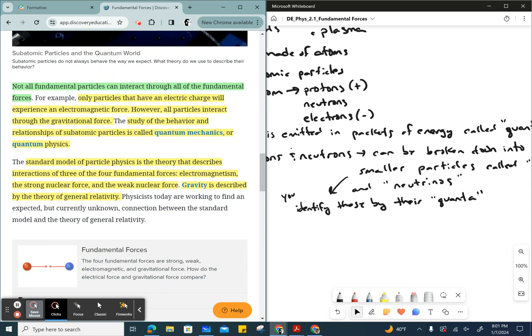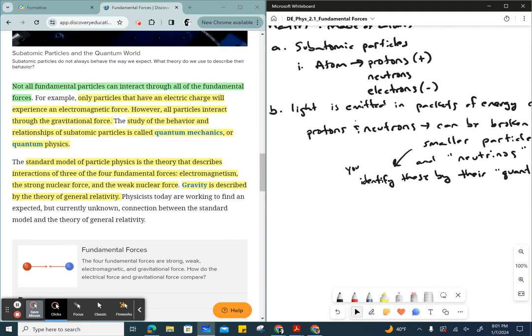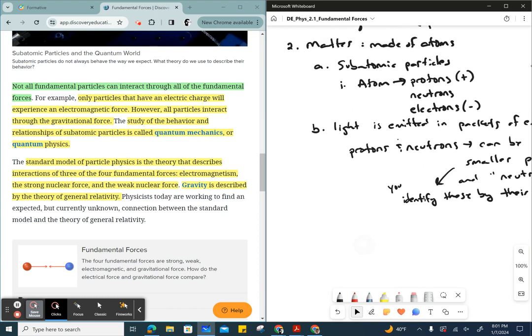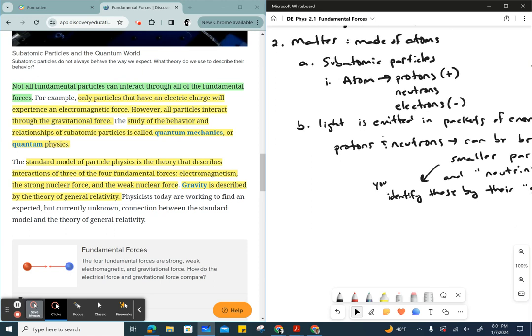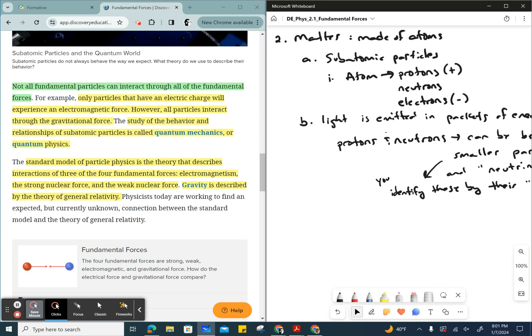Not all fundamental forces can interact through all the fundamental forces. That's important. Just because there are 4 fundamental forces doesn't mean that all of matter is going to interact using all 4 of them. Some forms of matter may only interact using a couple of these fundamental forces. Okay, so we're going to make a note here. Let's make this number 3.